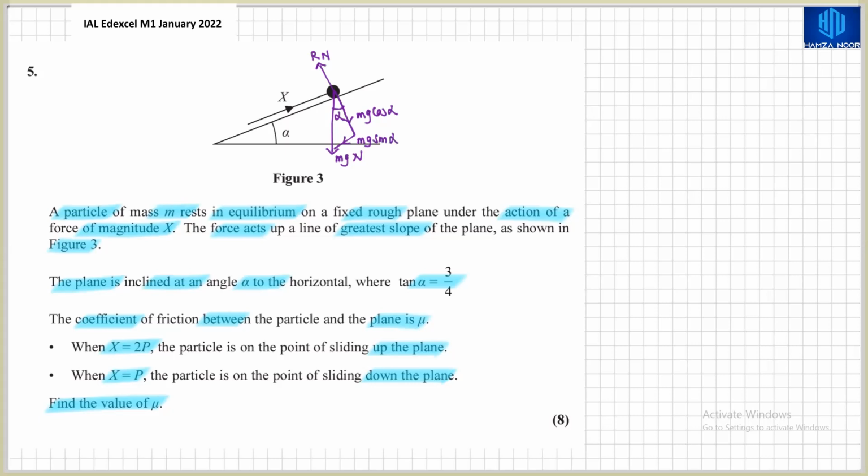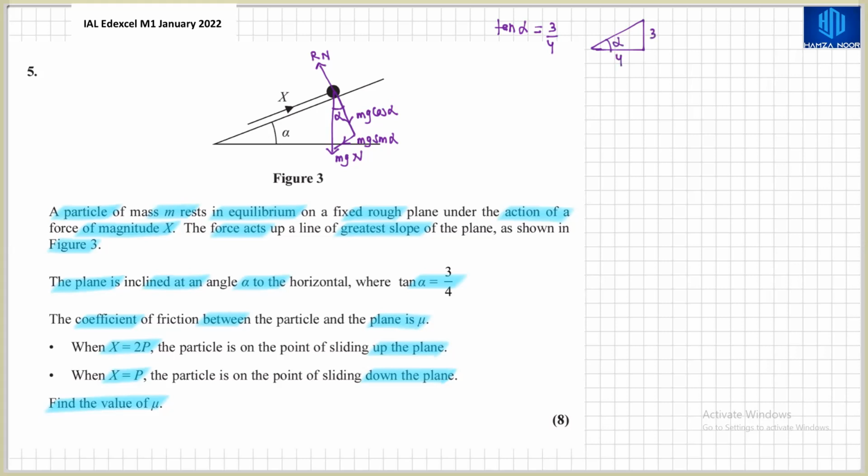Okay, so first of all, we can find the exact values of cos alpha and sin alpha, since in the question we are given that tan alpha is equal to 3 over 4. So we make a right-angled triangle in which this angle is alpha, opposite side is 3 and adjacent is 4.